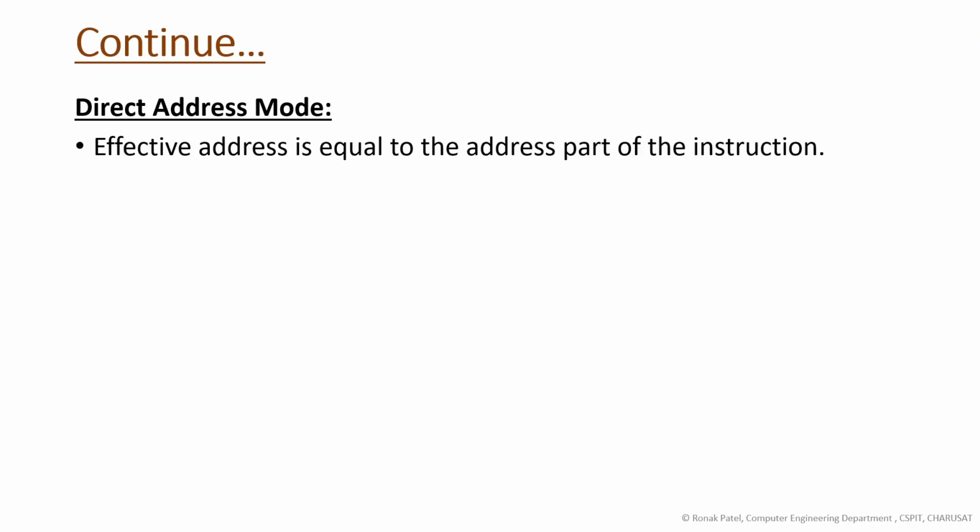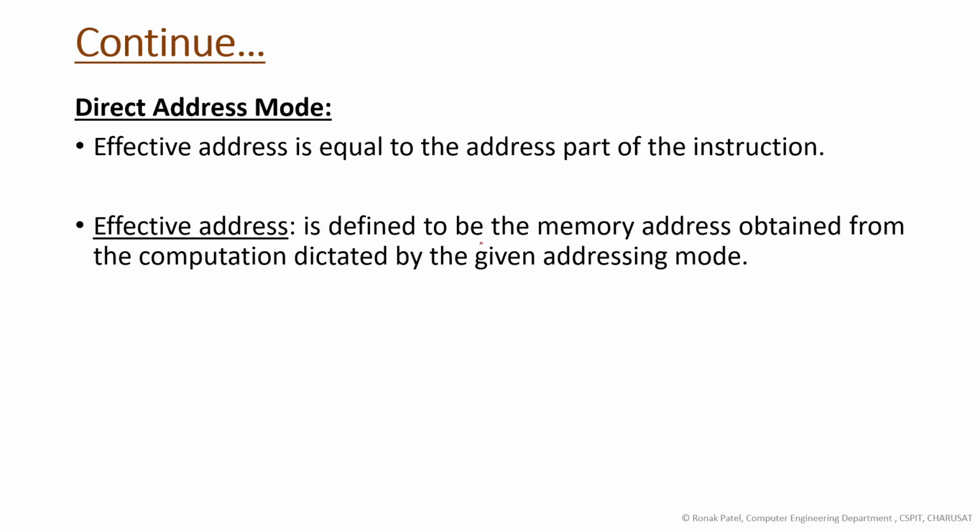Then direct addressing mode or an indirect addressing mode, right? So in direct addressing mode, effective address is equal to the address part of the instruction. Your effective address means from where you will get the data. So effective address is defined to be the memory address obtained from the computation dictated by the given addressing mode, right?